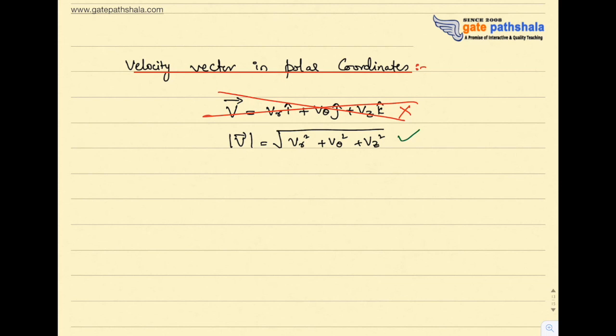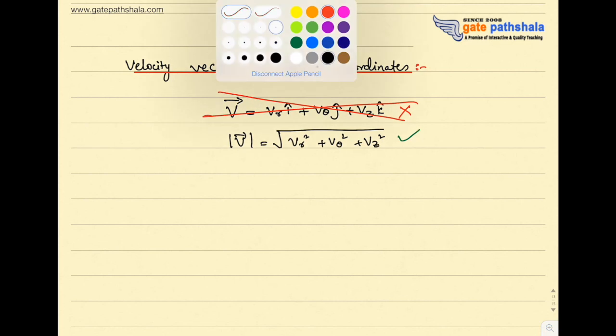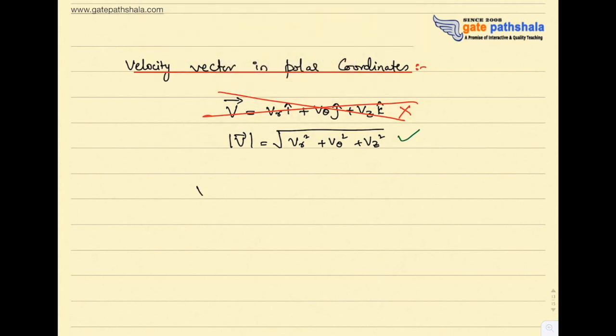Okay, so the correct way of defining the velocity vector in polar coordinates would be Vr er cap plus V theta e theta cap plus Vz ez cap. Okay, which is absolutely the correct equation.